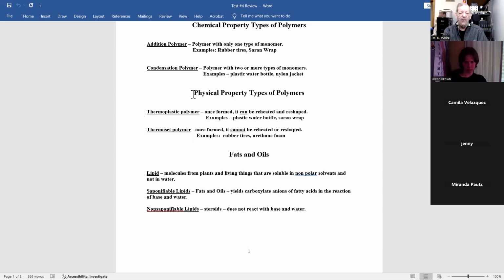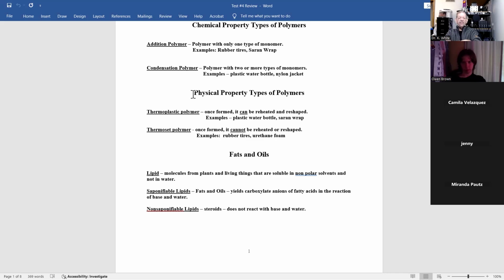And by the way, this is also a condensation polymer. I forgot to mention that. And saran wrap is also a thermoplastic. There's no correlation between addition and thermoplastic or condensation. Those are just separate, and you can have one paired with another different one, like you see with plastic bottles and saran wrap.